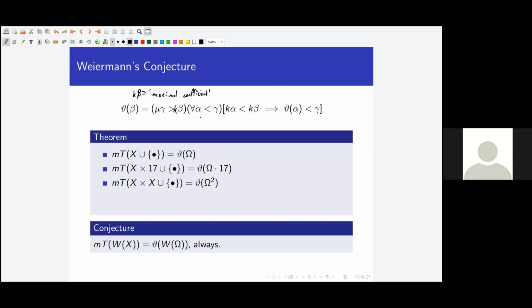And for all alpha less than the actual value, that value has a maximal coefficient smaller than that of beta, then the image of alpha is strictly less than gamma.